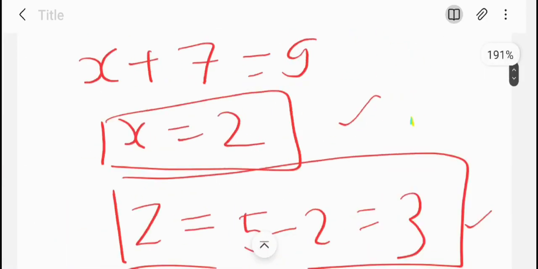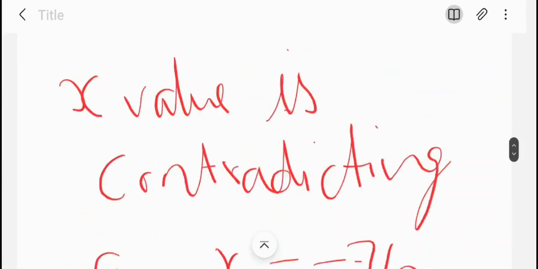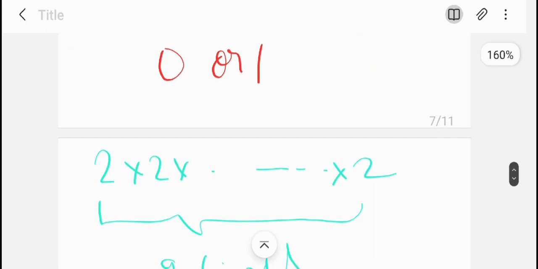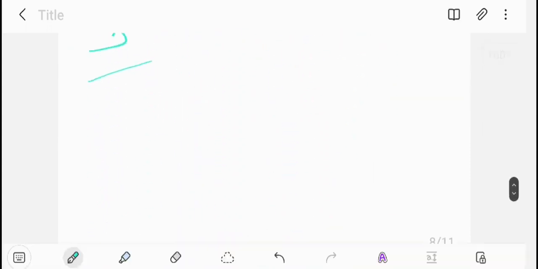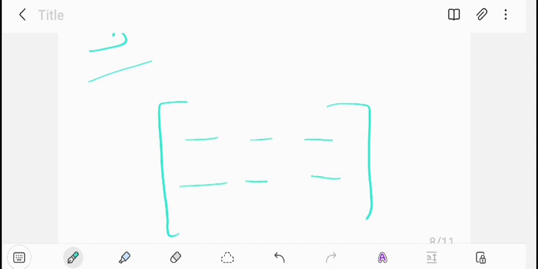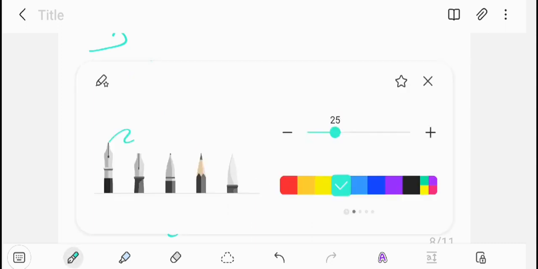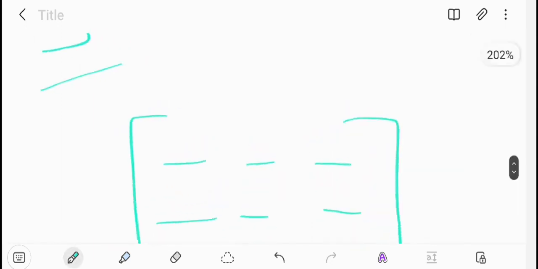Let me again explain the basic concept. We have a 3 by 3 matrix. In a 3 by 3 matrix we already know that there are 9 positions. For each position, in the given question, we have 2 possibilities.